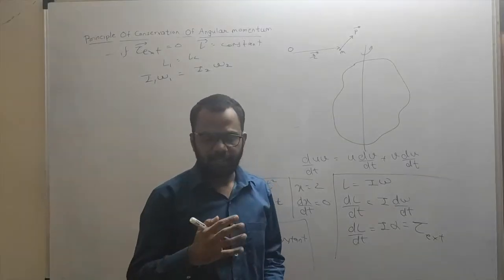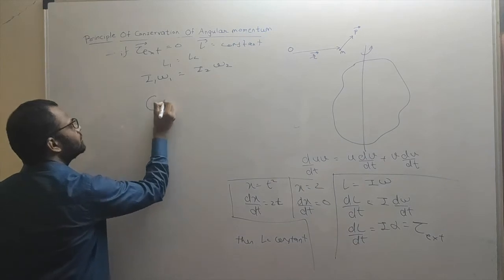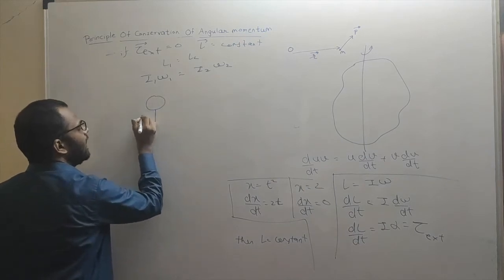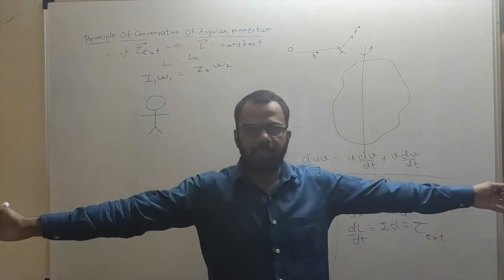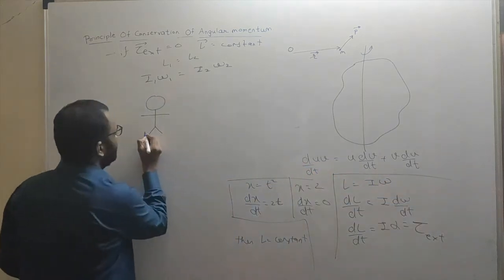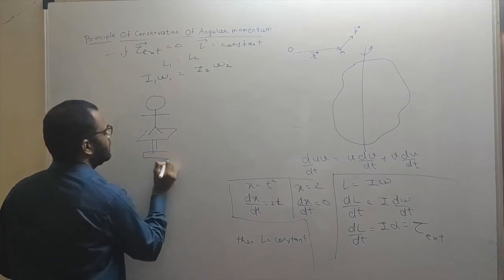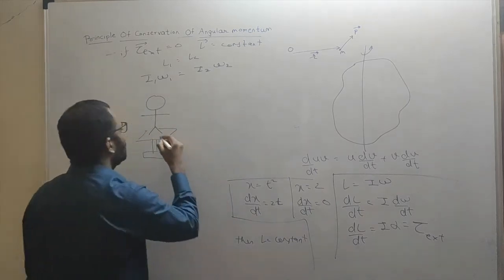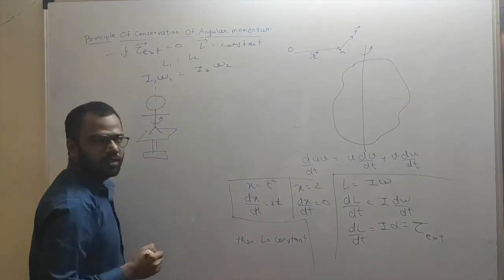Now let us see one example. Suppose there is a person and his hands are outstretched like this, and he is standing on a table that is rotating. So this person will also rotate about this axis of rotation.